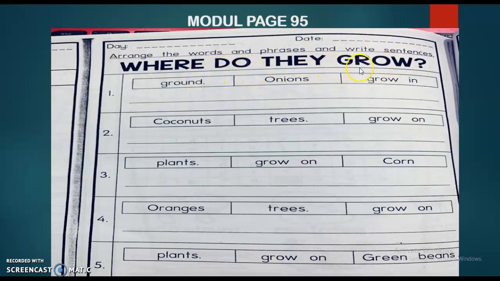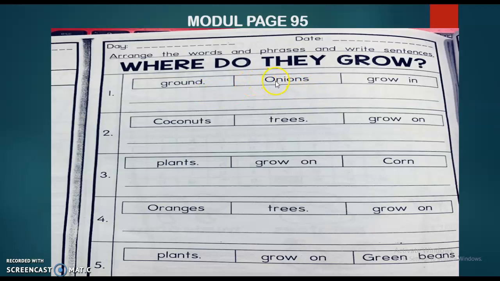Di mana mereka tumbuh? Kalau tengok dekat sini ada 3 kotak. 3 boxes. 1, 2, 3. Sebenarnya dia suruh buat apa? Arrange the words and phrases and write sentences. Dia suruh awak susun semula. Ayat ni adalah salah.